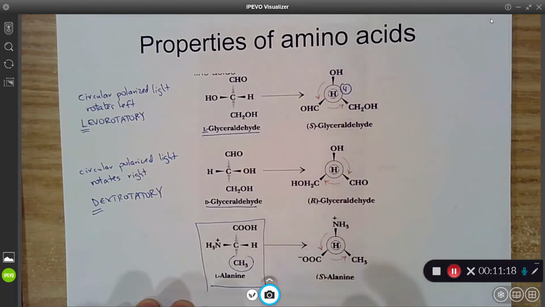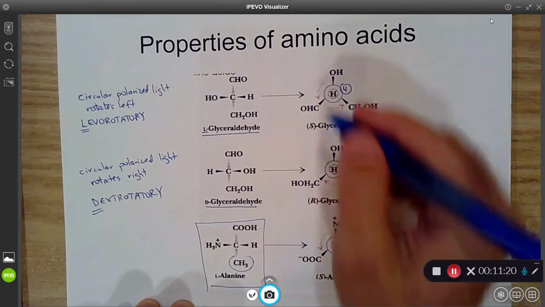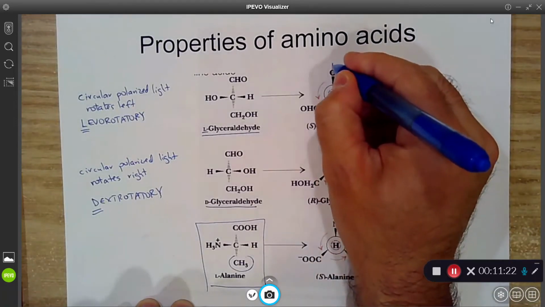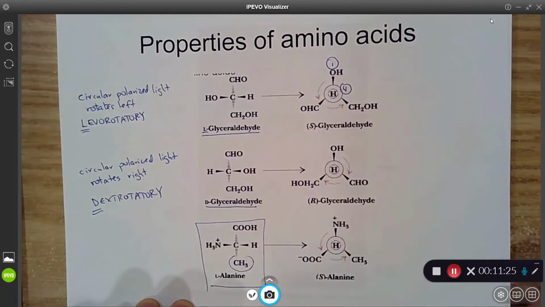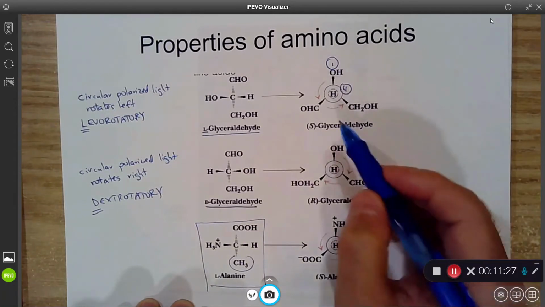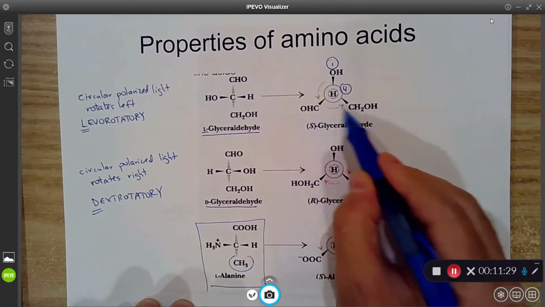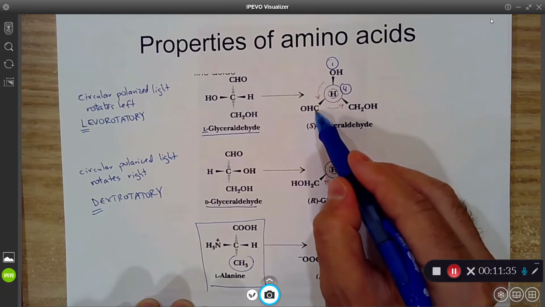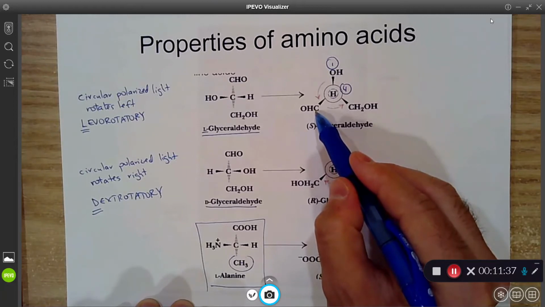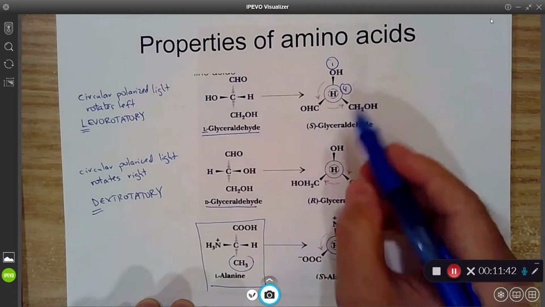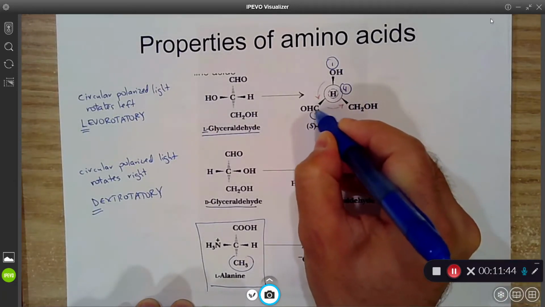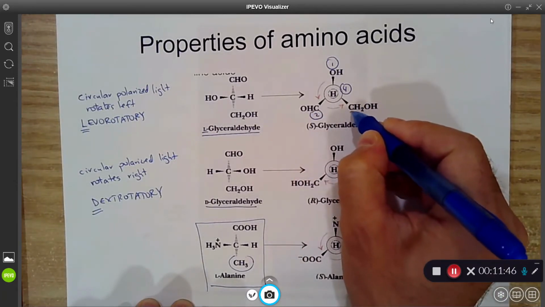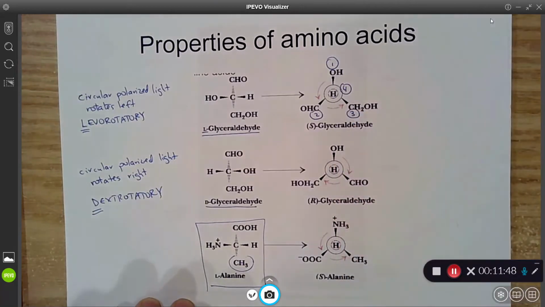The highest priority is the heavier atom that the carbon is attached to, so this would be the oxygen. The second priority would be either this carbon or this carbon. This carbon is bonded to 1 oxygen and 2 hydrogens, whereas this carbon is bonded to 2 oxygens, because there's a double bond, it's an aldehyde, and 1 hydrogen. Therefore, this gets higher priority, number 2, and this gets priority number 3.